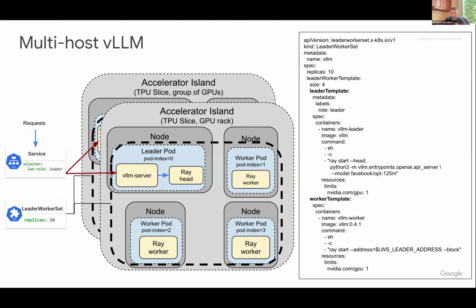The other case is where, as I mentioned, those two phases have different compute characteristics, and you might actually run them on different hardware. Like the decode, you can run it on cheaper hardware, for example. You can set that up as well with LWS by running 2 LWS replicas.